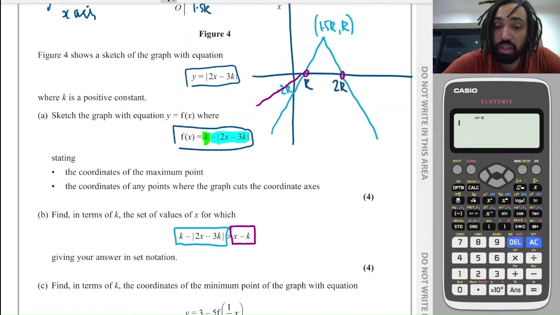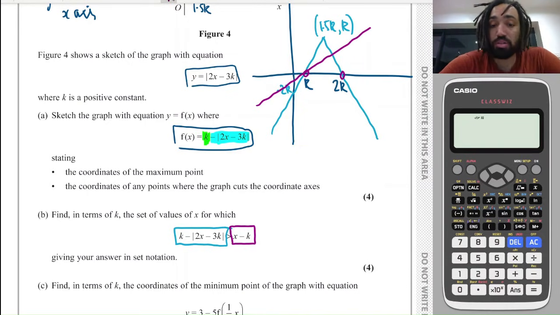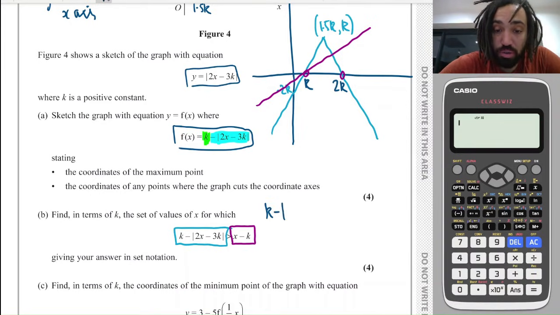So it's going to look something like this. So it's going to cross the blue line twice. We need to work out both of those intersection points. So the first one will be when I solve this equation with the modulus sign not changed.